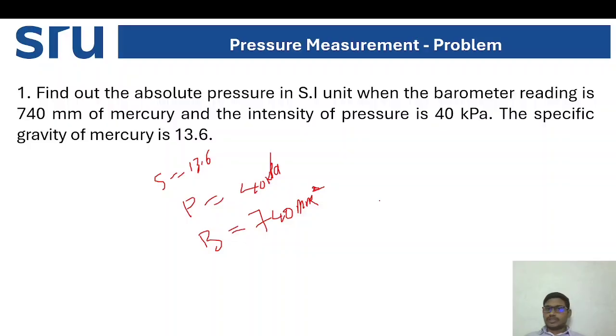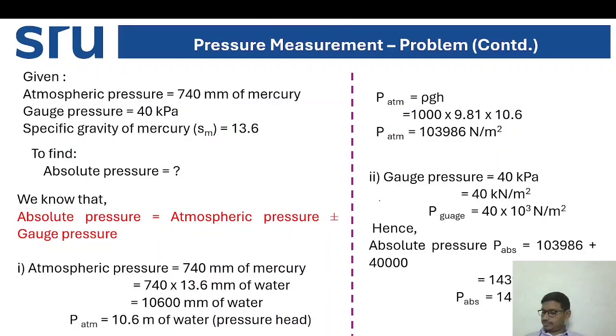Now we will solve. The atmospheric pressure is given as 740 mm of mercury, the gauge pressure is 40 kilopascals, and the specific gravity of mercury is 13.6, and we need to find the absolute pressure.